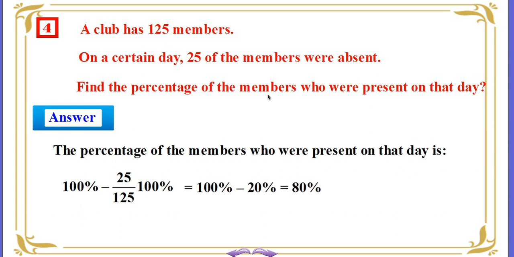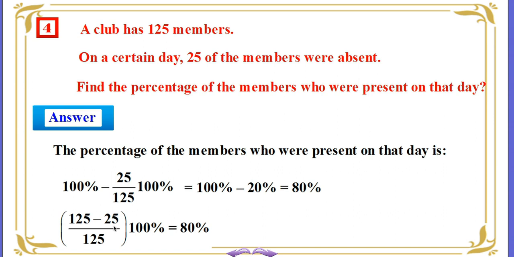The second way: first you find how many members were present. You take 125 subtract 25, and you have 100 members who were present on the day. And then the percentage of the members who were present, you can find by the number present divided by the total number of members and multiplied by 100%, and then you have it.